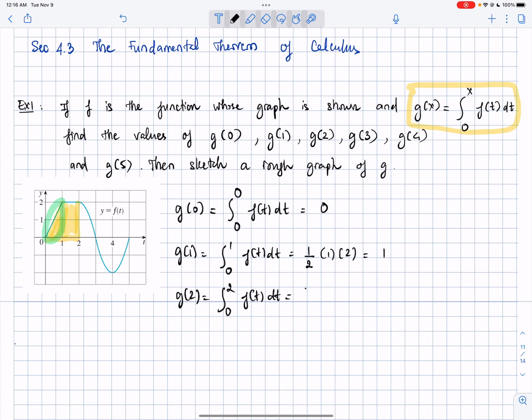So that will be the integral from 0 to 1 of f of t dt plus from 1 to 2 of f of t dt. From 0 to 1 we got 1 before, which is g of 1, plus from 1 to 2, this is a rectangle, so the width is 1, the length is 2, so 1 times 2, and the answer is 3.